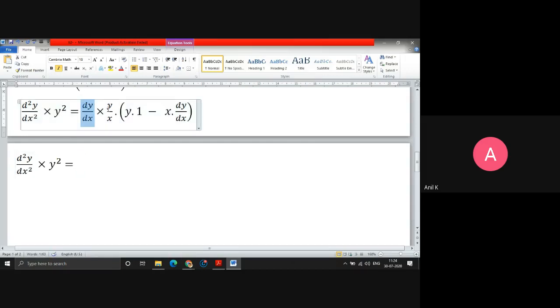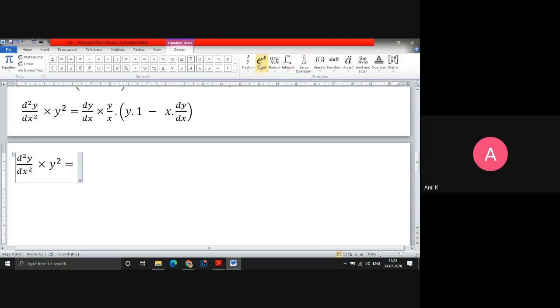Y into y upon x gives y square upon x into dy by dx, minus, in the second bracket, y upon x into x. So x and x get cancelled and you are left with only y.